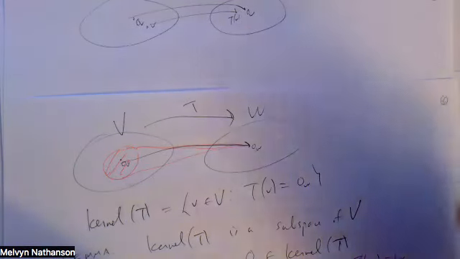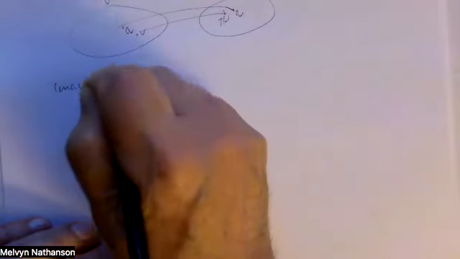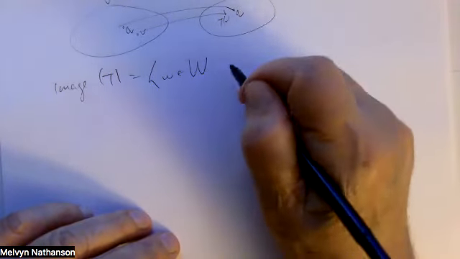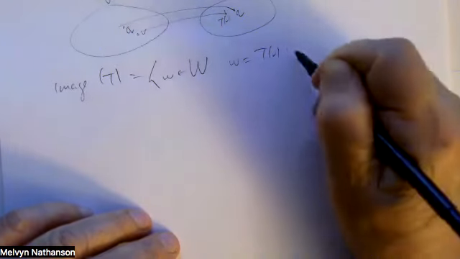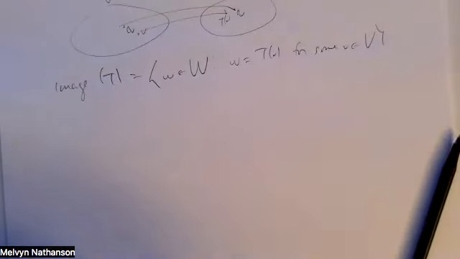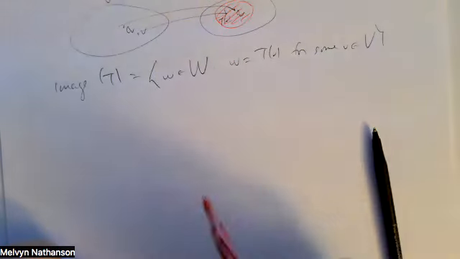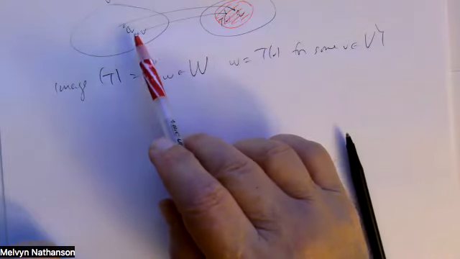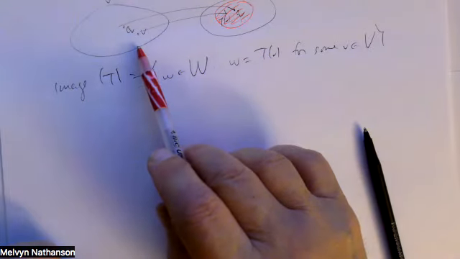So let us define the image of T as all vectors W in the vector space W such that W equals T of V for some V in V. So over here in W is the subset of all the vectors which actually are images of vectors in V. They have a pre-image.